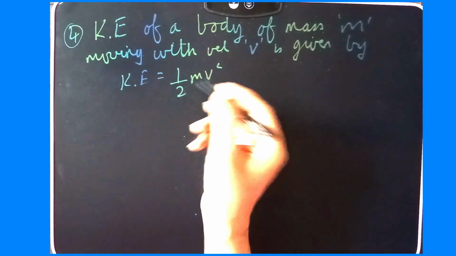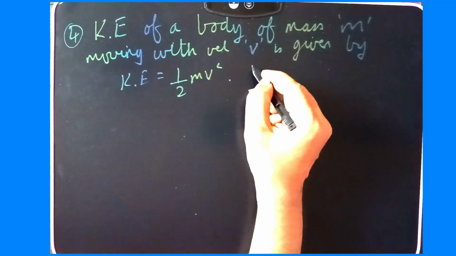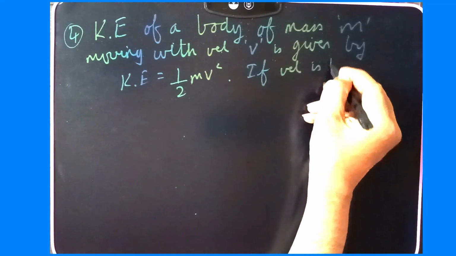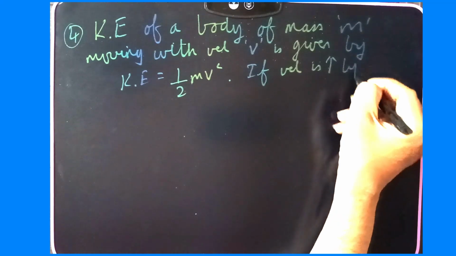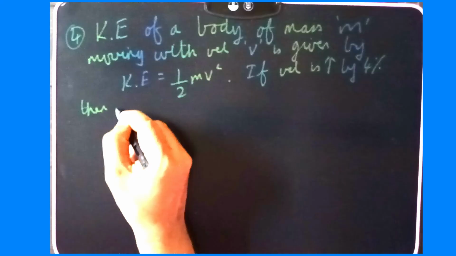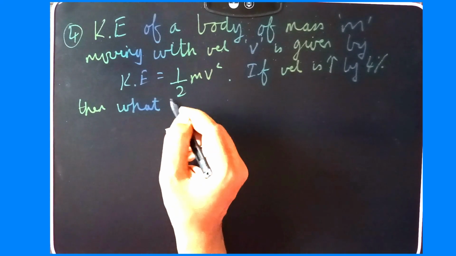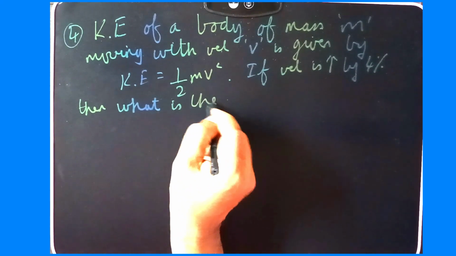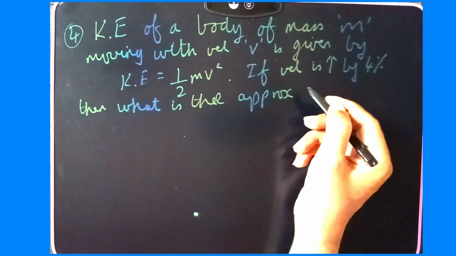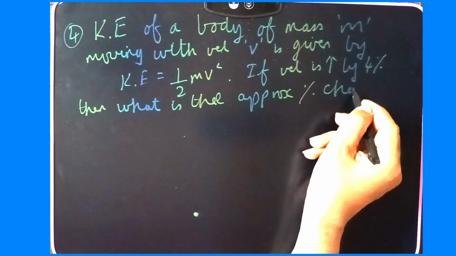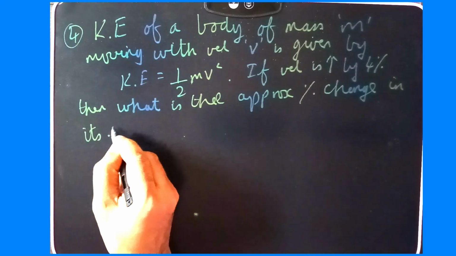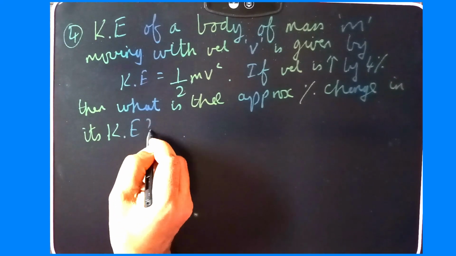It's a very famous equation anyway. If velocity is increased by 4%, then what is the approximate percentage change in its kinetic energy?